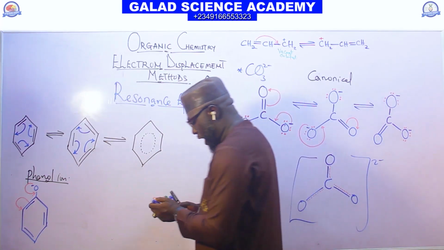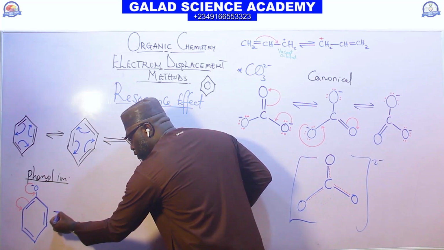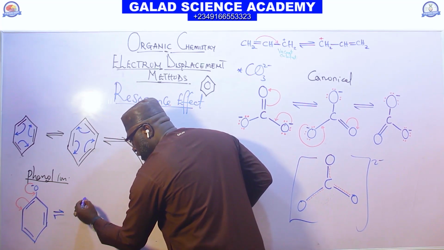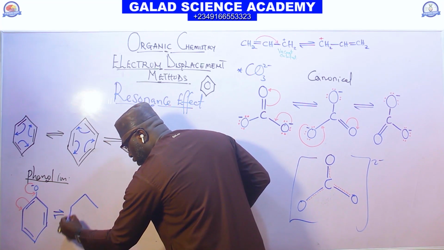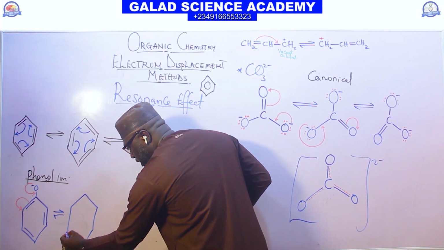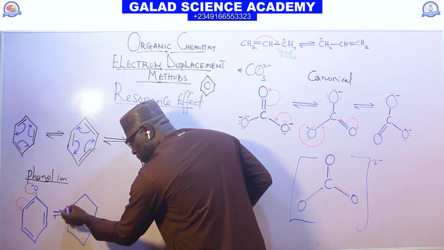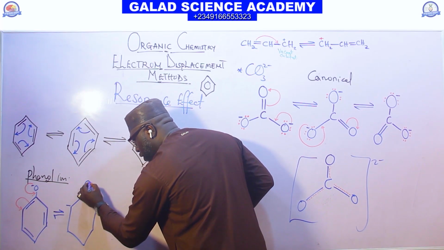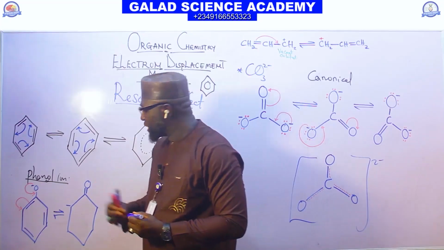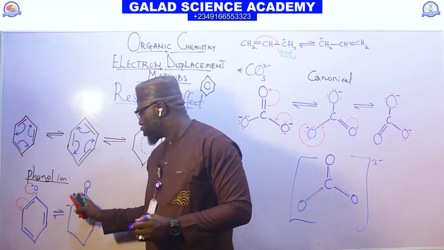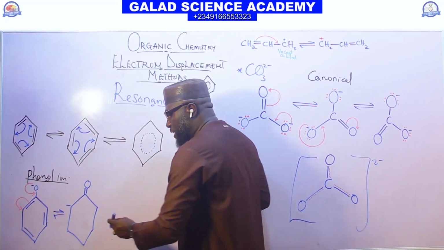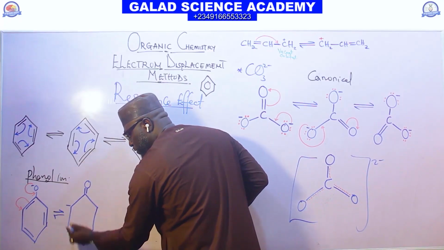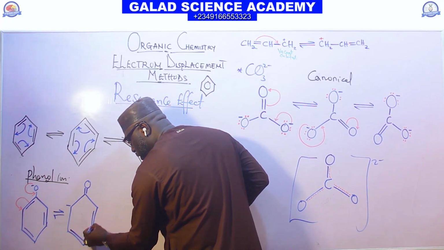As a result, the phenol structure will be in this form. This place will become negative. Here we have a double bond with oxygen. The negative sign we have there comes to become a double bond, and this double bond here comes to this negative here. This one remains here, this one remains here.